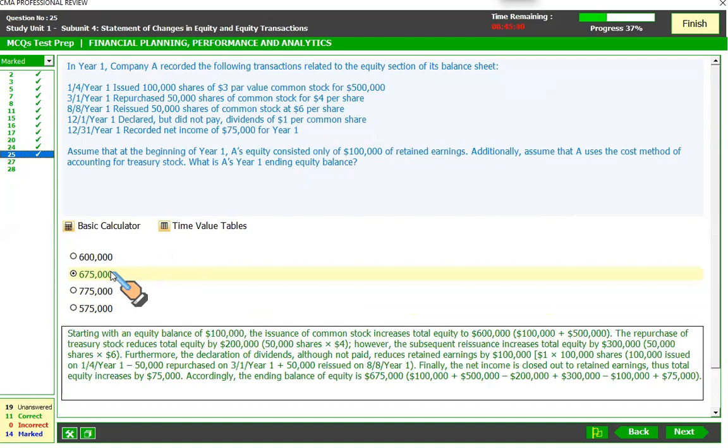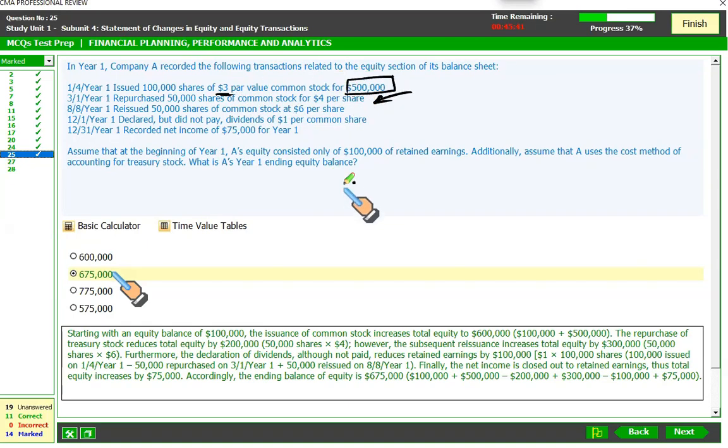I have a question here. In the first one, we issued 100,000 shares of $3 par value common stock for 500,000, and why are we not considering any additional capital? Yes, Hashir, you are already considering additional capital.